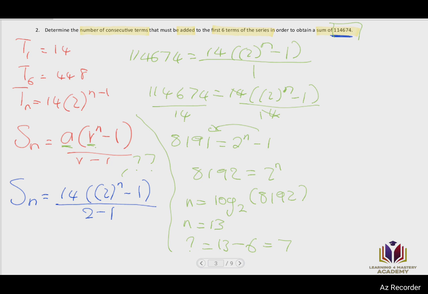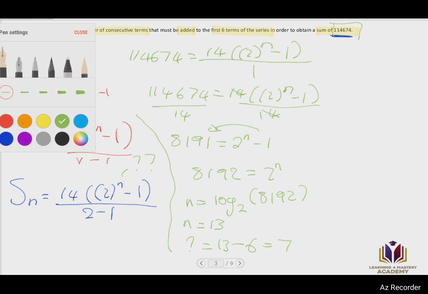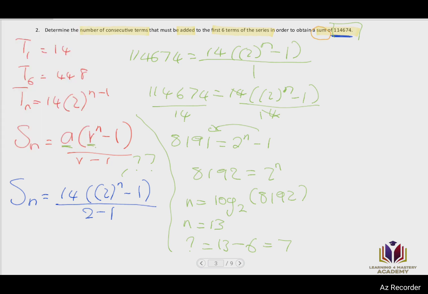Okay, so the first step was to get the sum formula. Why did we get the sum formula? It's because they stipulated here that 114,674 is actually a sum, meaning that you need the sum formula. And then we substituted the sum value in place of the Sn, because that is the sum.